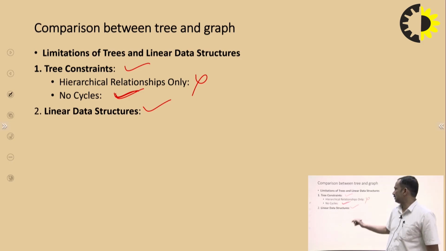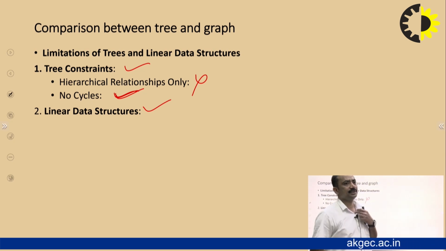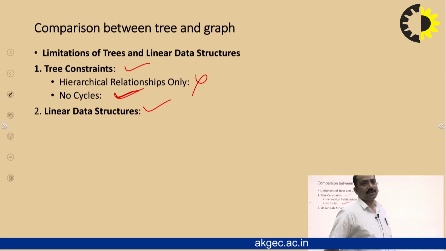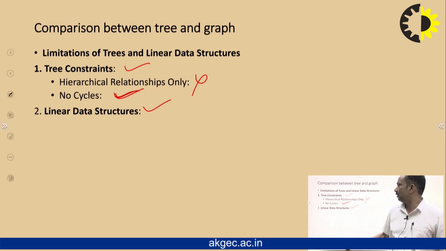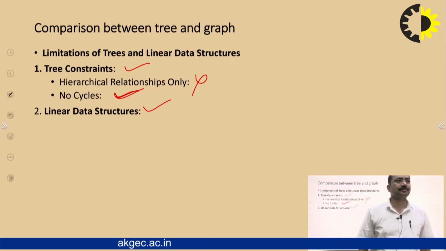So these are the limitations why we are choosing graphs over linear data structures like linked lists, arrays, or over a tree.